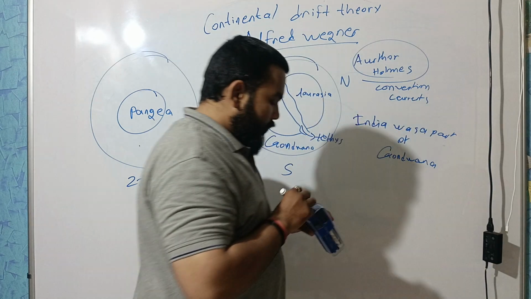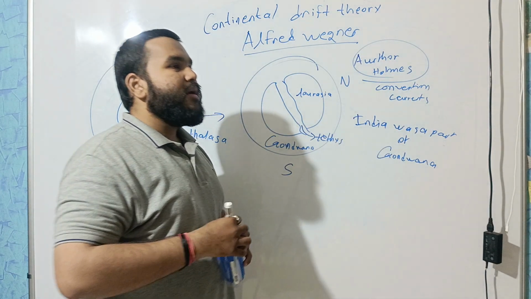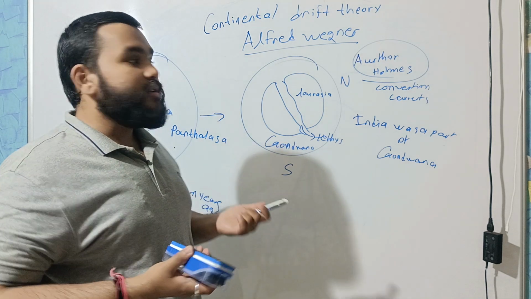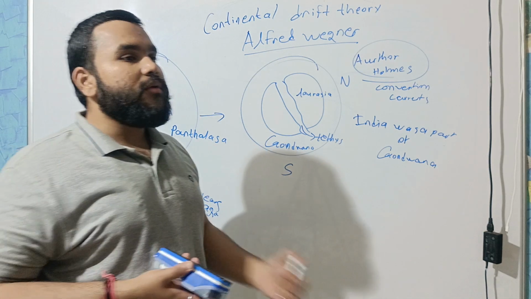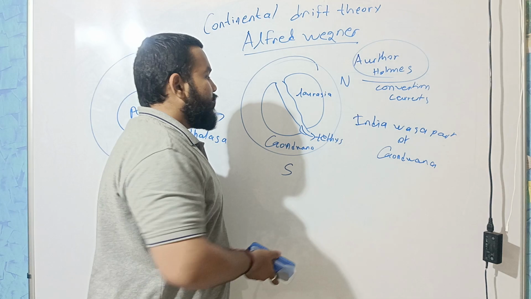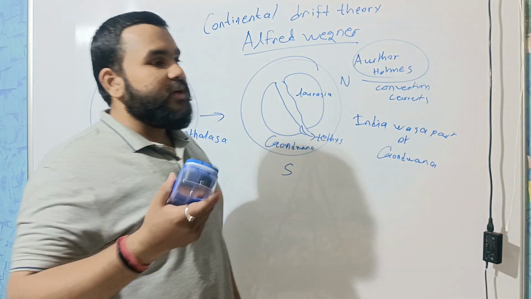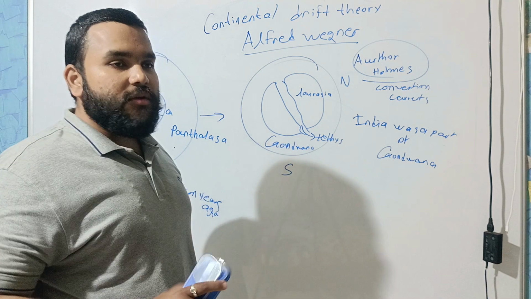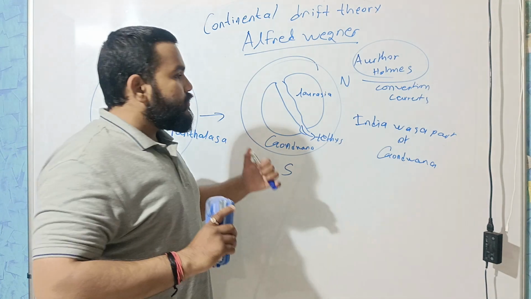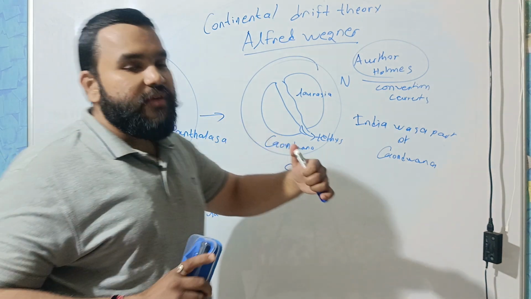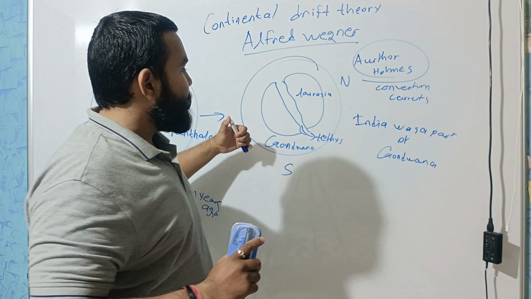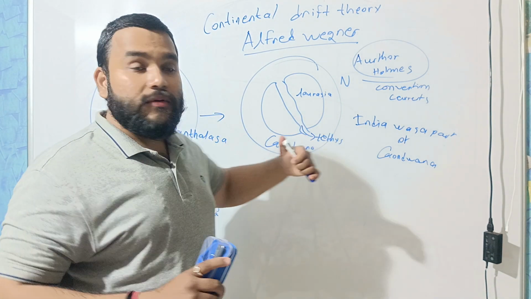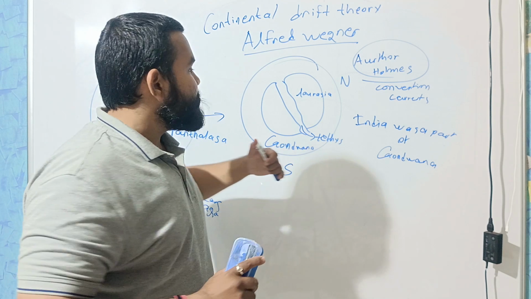You might have wondered how a scientist like Alfred Wegener came to this beautiful theory and told us about India. India was a part of this, and this was a part of that. There was a logic at that time. I'll come back to the evidences before going further, because evidences are most important in any theory.